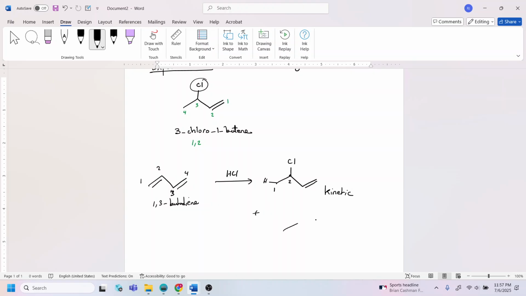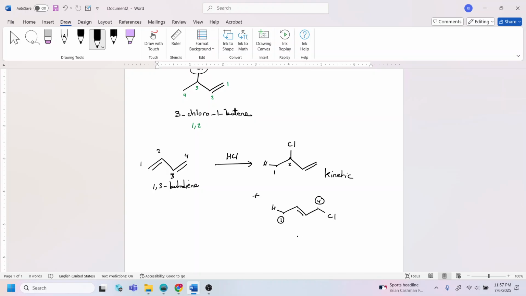We're going to have a byproduct in there, and that byproduct is going to be the 1,4 product, where the hydrogen adds on carbon number 1 and the chlorine adds on carbon number 4. This one happens with heat, and you don't have to really apply heat, because once the reaction stays for more than an hour, it's going to be an exothermic reaction, so the 1,4 product will be created.